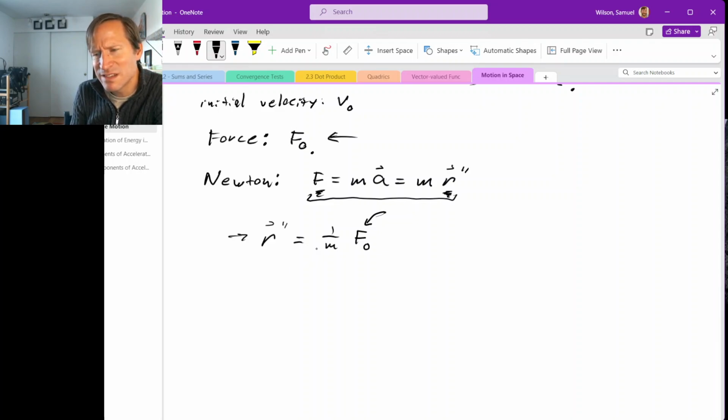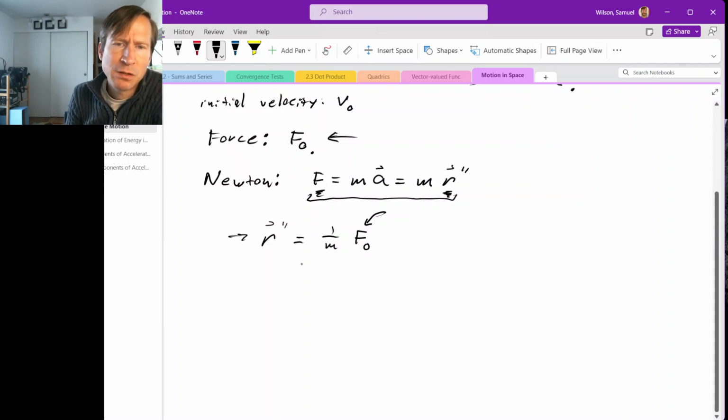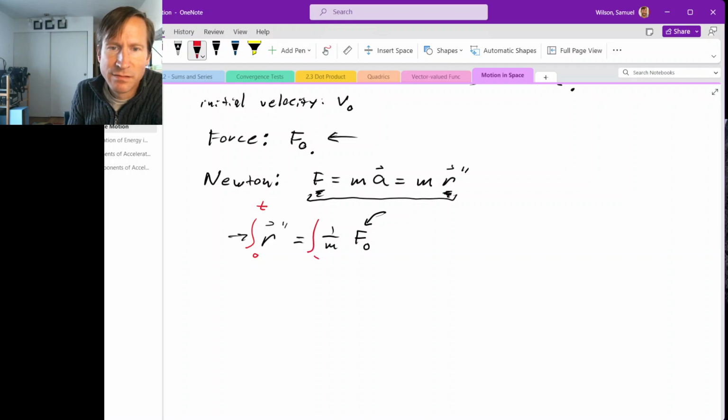We could think about this as being an indefinite integral, but to get our position, it'll be better to use a definite integral. So let's integrate this from 0 to t, dt.